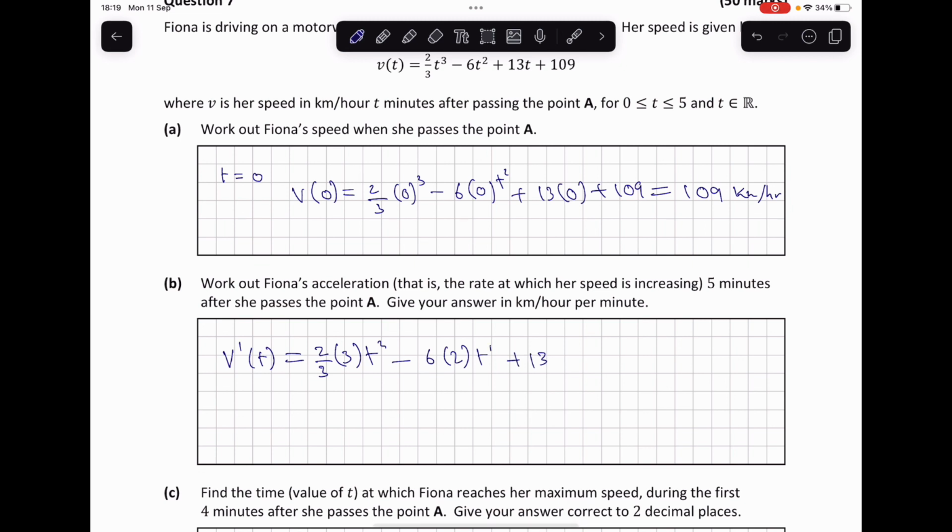Plus 13. So that gets us that. We don't really need to simplify it down. You can just chuck in your value of 5 for T, but I'm going to just do it for the example.